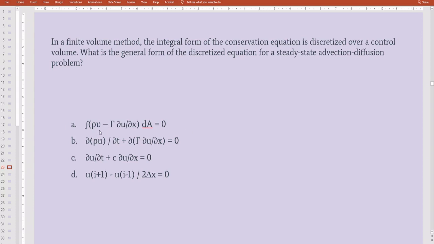Option A, integral of rho u minus triple del u by del x into dA. B, del into rho u by del t plus del into lambda del u by del x is equal to 0. C, del u by del t plus C del u by del x is equal to 0.